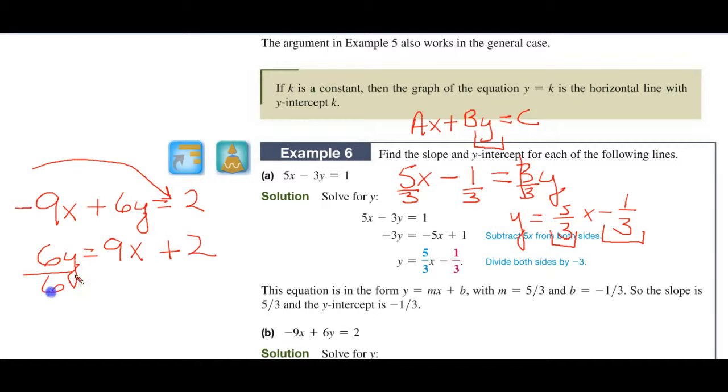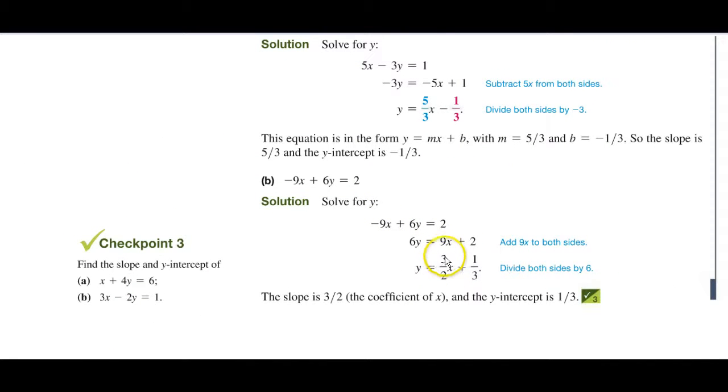Divide everything by 6. I get y equals, simplify that, 3/2 x + 1/3. So my slope is 3/2, and my y-intercept is 1/3.